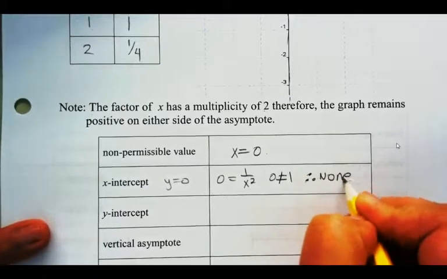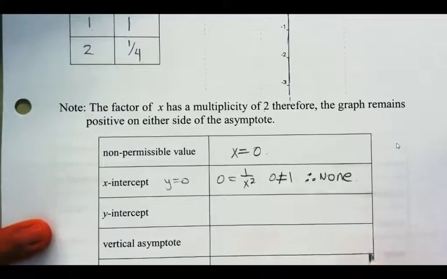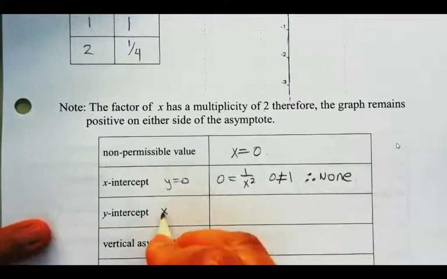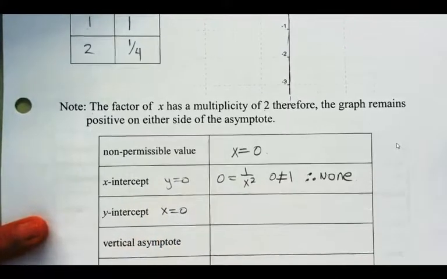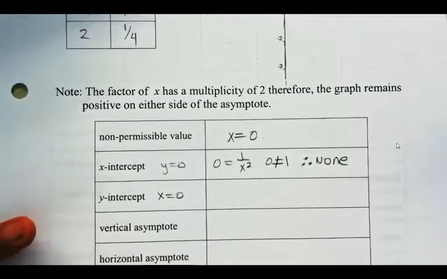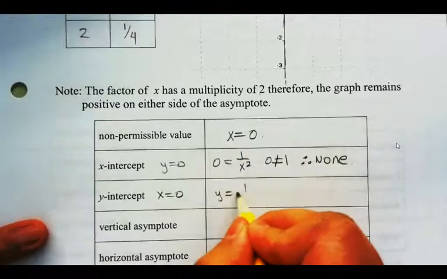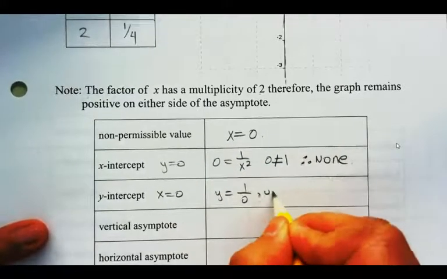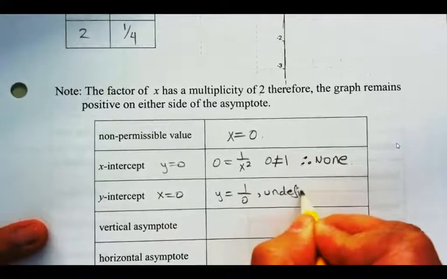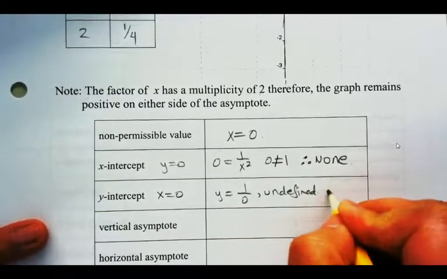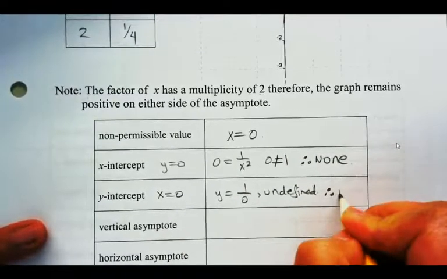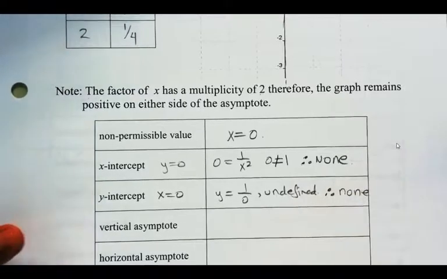So there's no x-intercept. And for my y-intercept, when x equals 0, what do we end up getting? We end up getting y equal 1 over 0, which is undefined. And then I say that there are no y-intercepts. And that's clear by the graph that we saw.